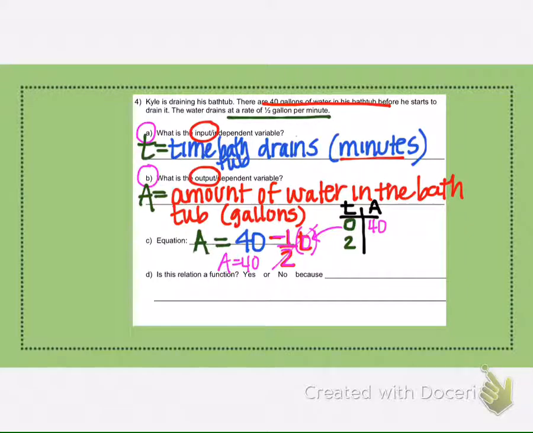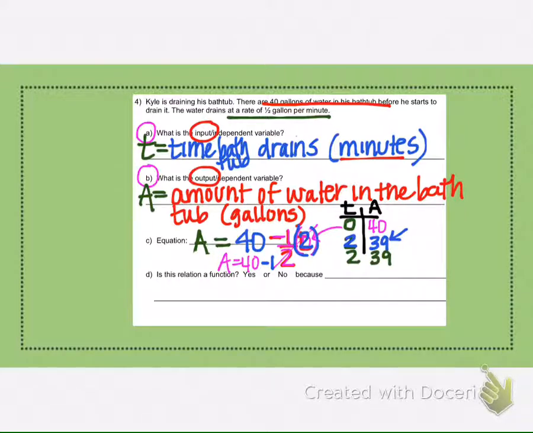So another example is, let's say we have the time be 2 minutes. If we plug in a 2, negative 1/2 times 2, half of 2 is 1. So 40 minus 1 would be 39 gallons of water left in the bathtub. So every input has only one output. If I plug in 2 again, I'm still going to get 39.